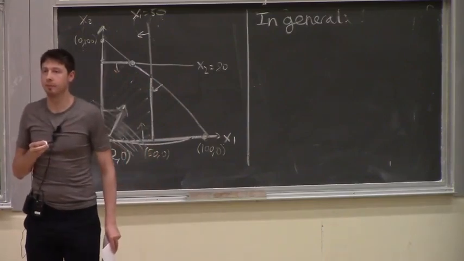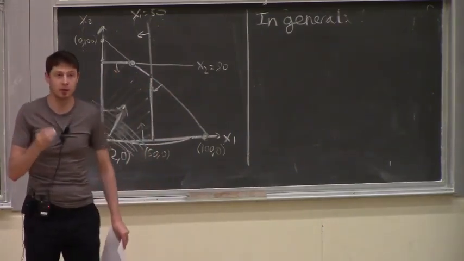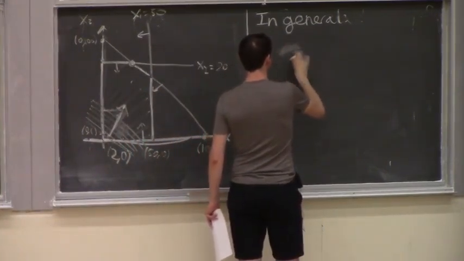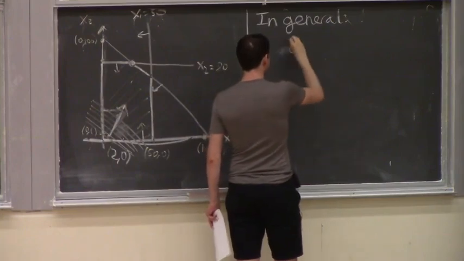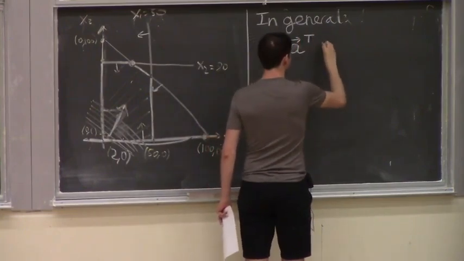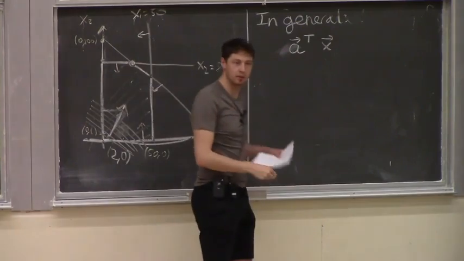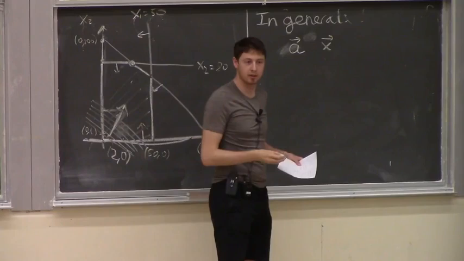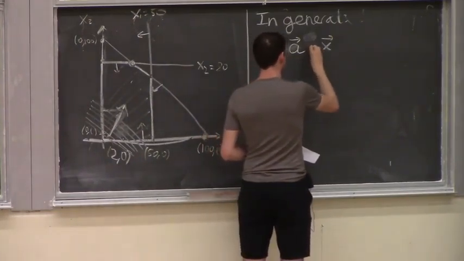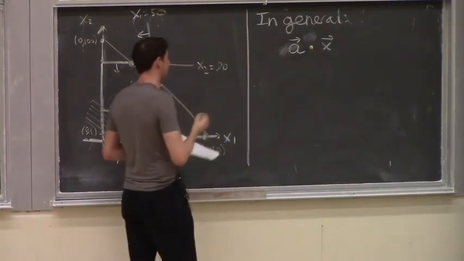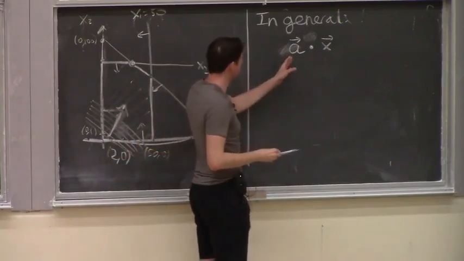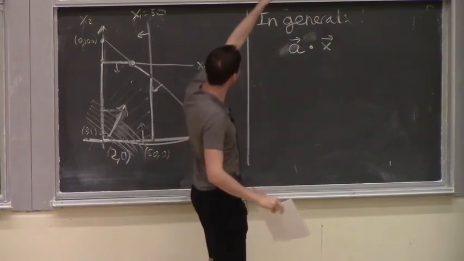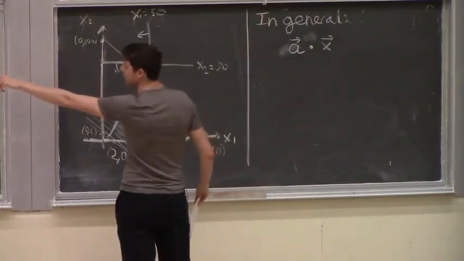Yeah, it's a dot product. So the general linear constraint says, take some arbitrary scalars A and take the dot product with X. That's a dot product. So take a vector of constants, these are not variables, constants like 1 and 1 or 2 and 4.